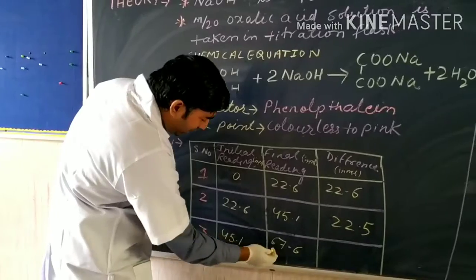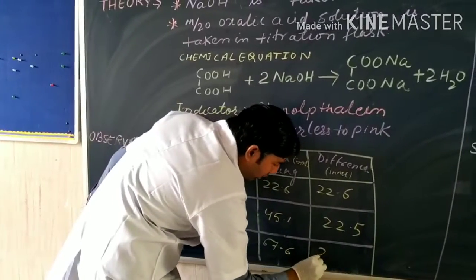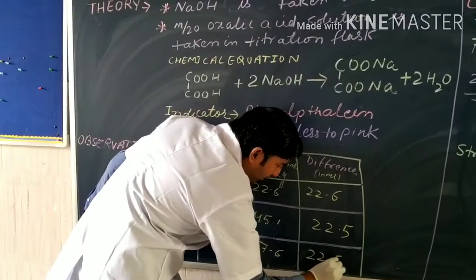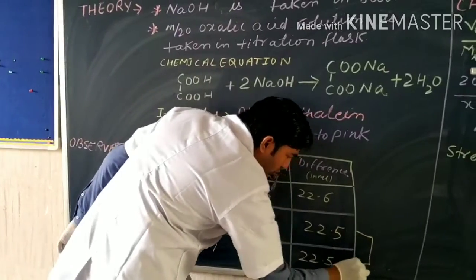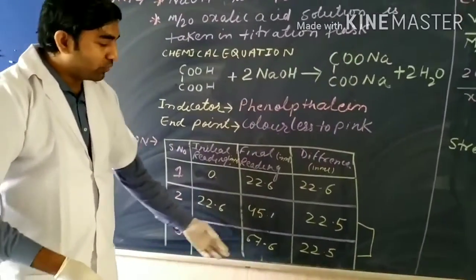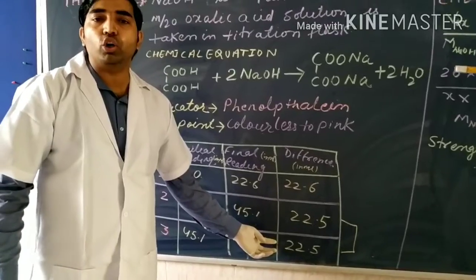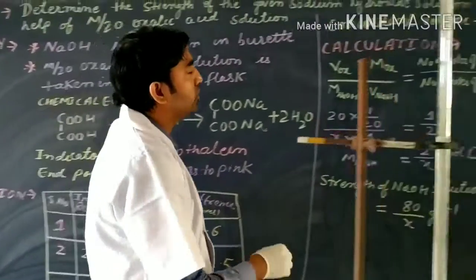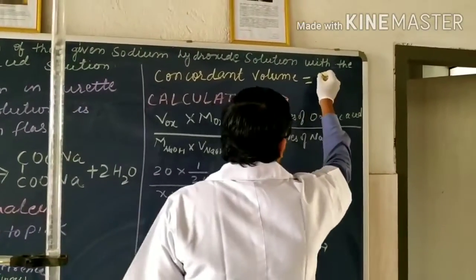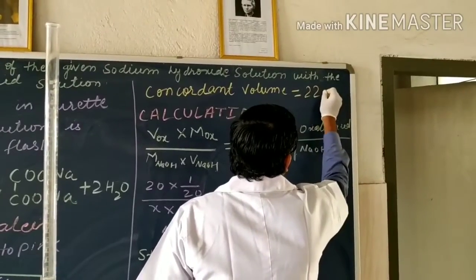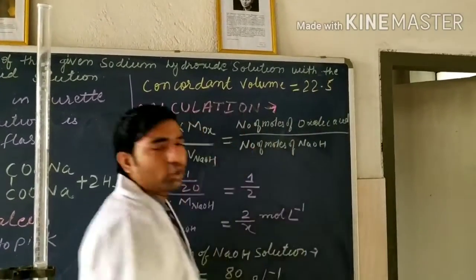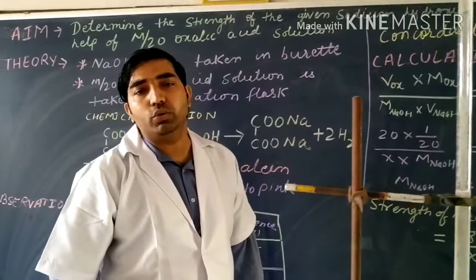When we subtract, we get 22.5. As these two readings are the same, we call this the concordant volume. The concordant volume is 22.5.